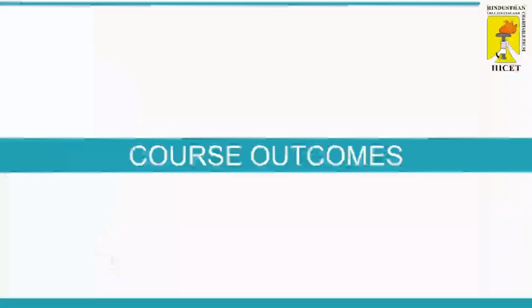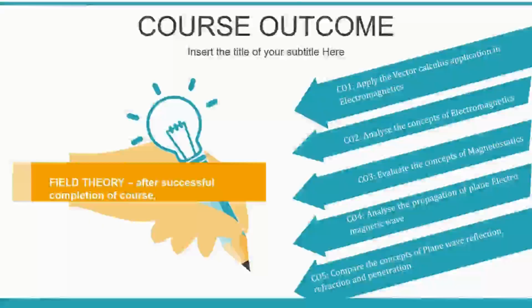Course outcome. After successfully completing this course, you will be able to apply vector calculus in electromagnetics, and analyze electromagnetic concepts: evaluating magnetostatics, understanding plane wave propagation, and comparing the reflection and refraction of plane wave propagation.